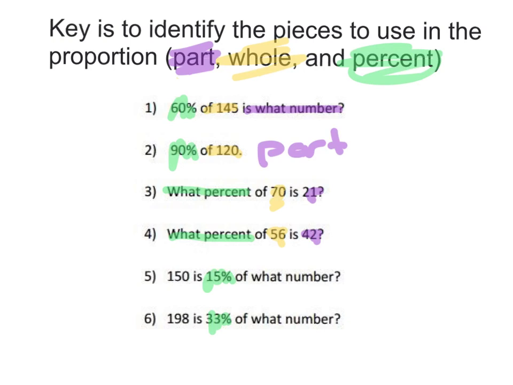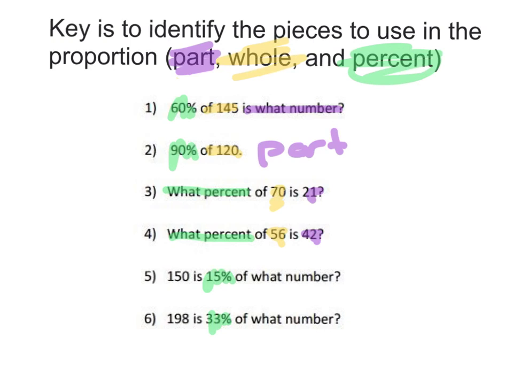And now we move on to numbers 5 and 6. Again, both of these are set up with the same language. 150 is 15% of what number? 150 is 15%. Right there in math, we have to kind of make that connection. 150 equals 15%.